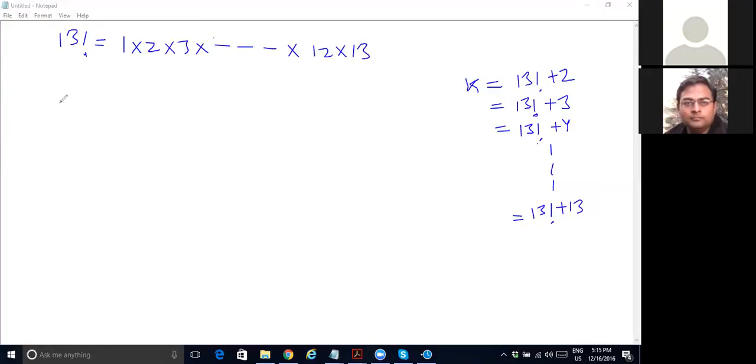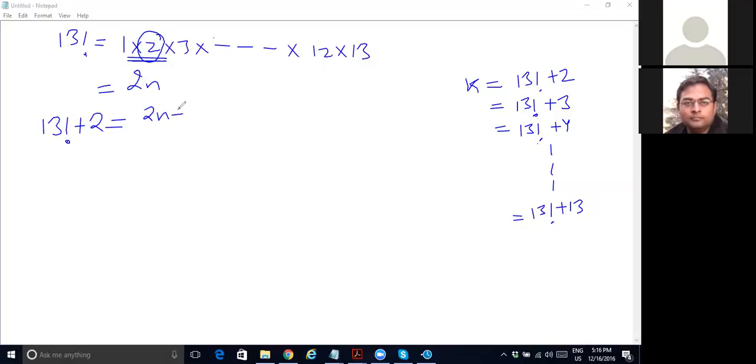Now, this shows that 13 factorial is a multiple of 2. So 2 is a factor of 13 factorial, right? So I can write 13 factorial as 2n.